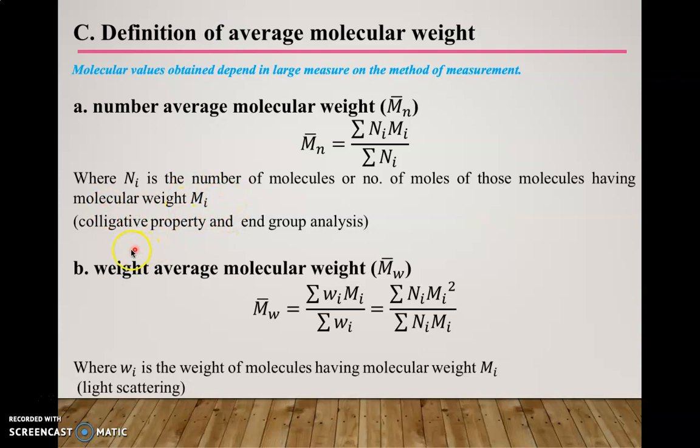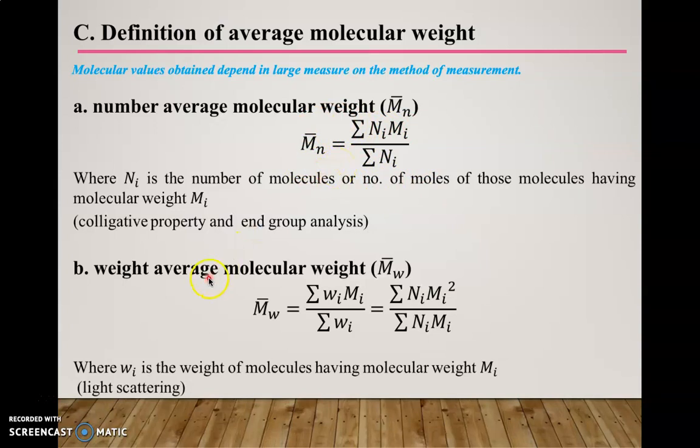Okay, so whenever we use techniques like colligative property or end group analysis to determine the molecular weight of a polymer, the molecular weight that we obtain using that technique is the number average molecular weight. So this is the basic formula that we use in order to determine the number average molecular weight.